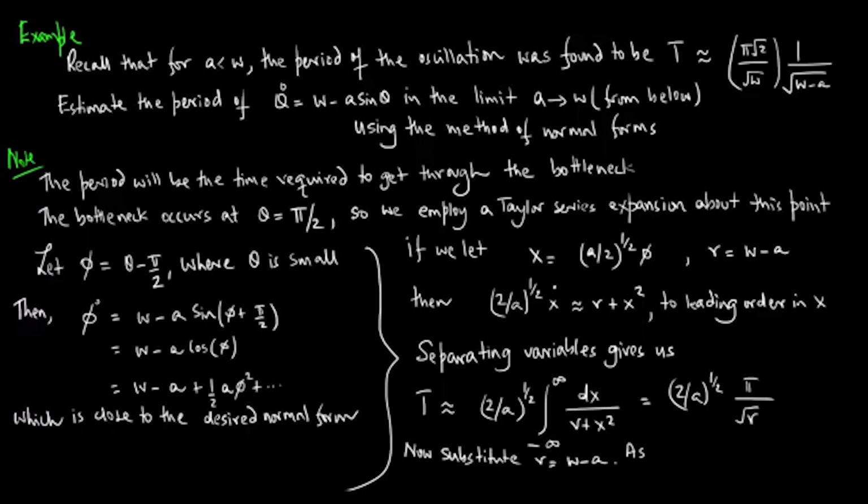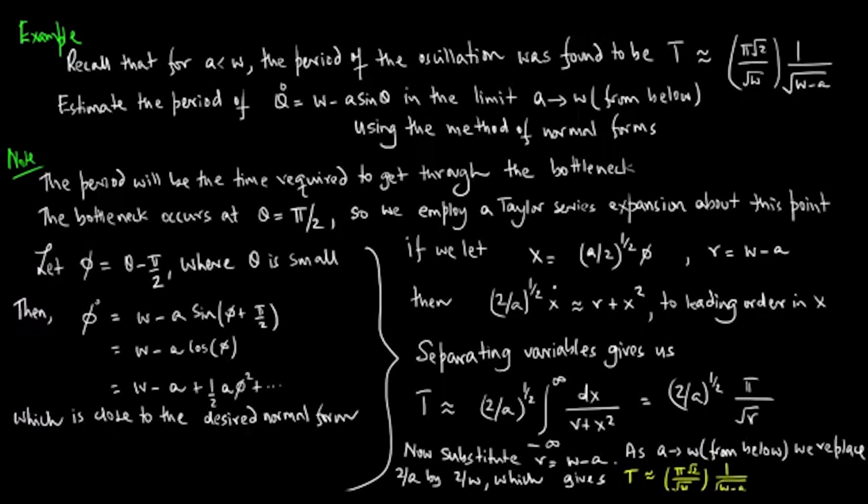As a tends to omega from below, we replace 2 by a with 2 by omega, which finally gives us capital T approximately equal to pi times the square root of 2 divided by the square root of omega times 1 divided by the square root of omega minus a.